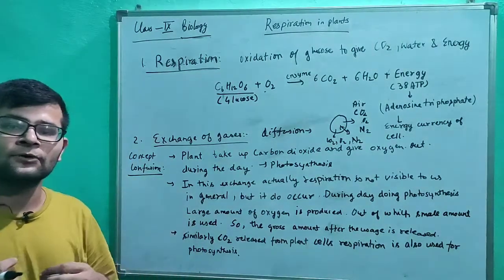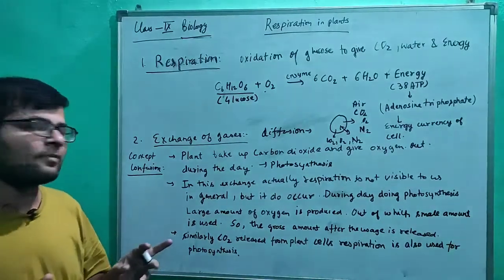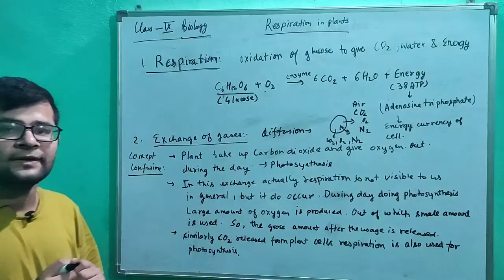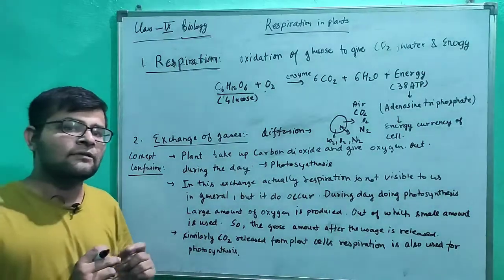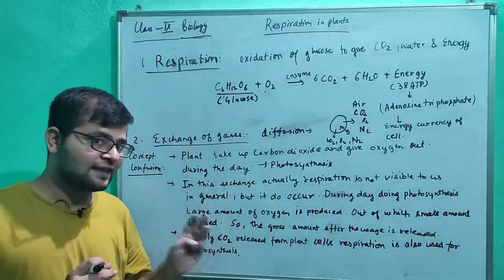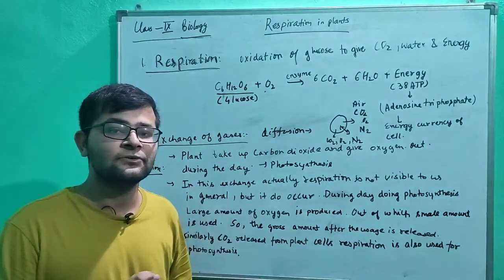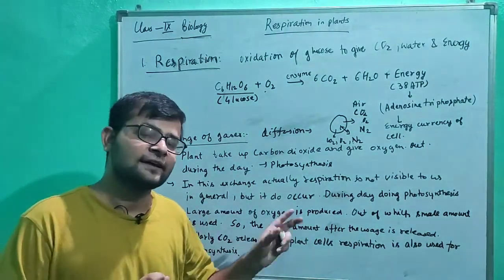So the gross oxygen is released outside, but some amount of oxygen is used up by the plant. In a similar fashion, when they use oxygen, they release carbon dioxide, and that carbon dioxide is used for photosynthesis inside the plant.